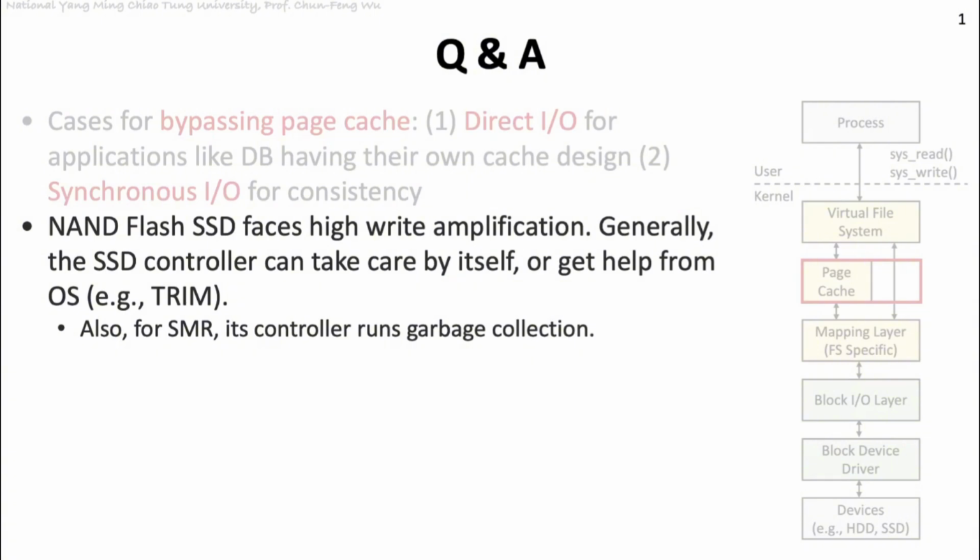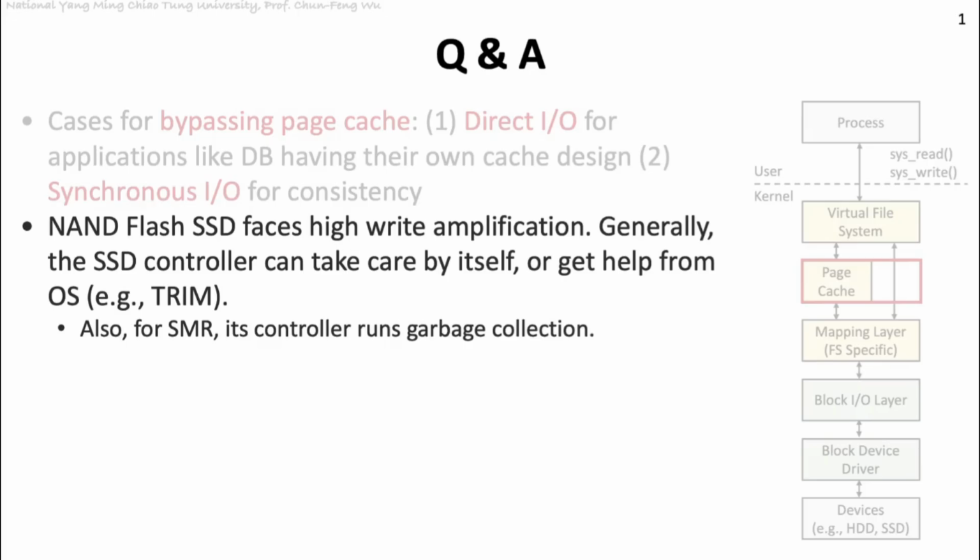So we don't really need operating system support or even application support, and the SSD can do things by itself. This idea is also the same for SMR, because SMR needs to do sequential write operations. So it will also face the challenges that SSD faces, like garbage collection. And actually, the operating system doesn't really know whether you are using SMR or a hard disk drive in most cases.